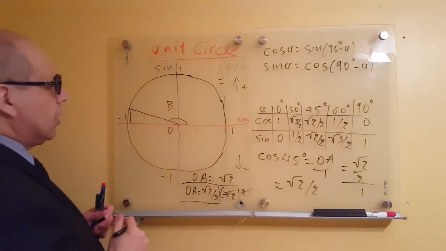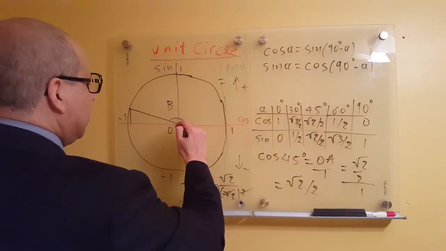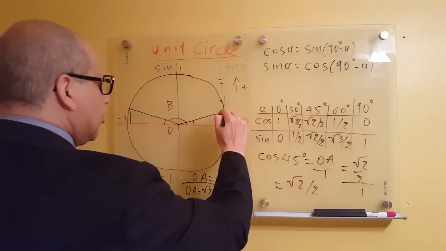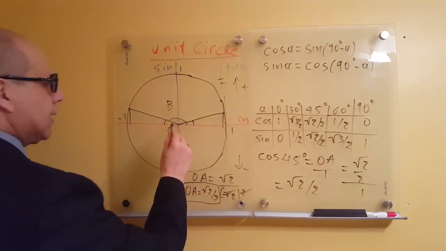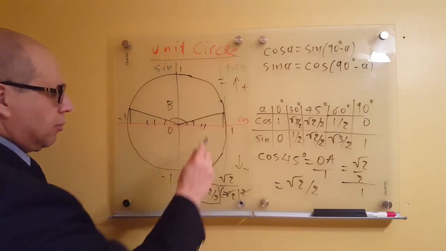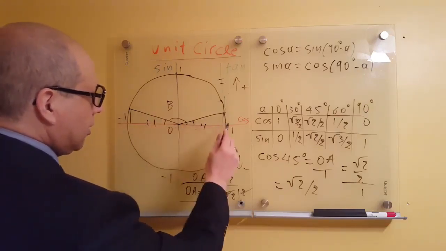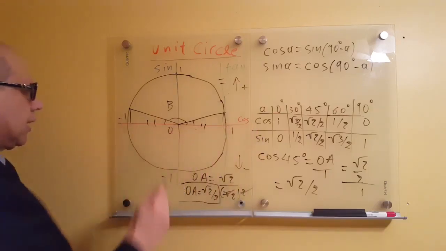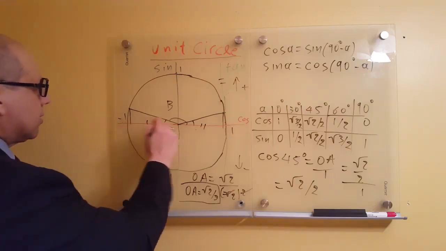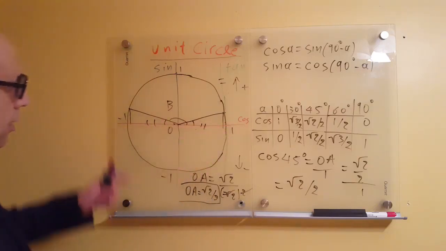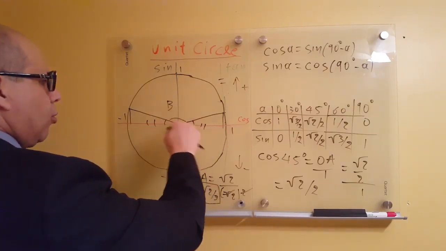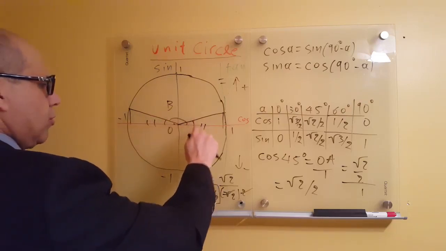If you do this angle here, where this and this are equal, and you bring this, you have that this segment and this segment are equal, but one is positive, because from here to here is positive, and from here to here is negative. As segments they are equal, and one is the cos of this angle and the other is the cos of this angle.